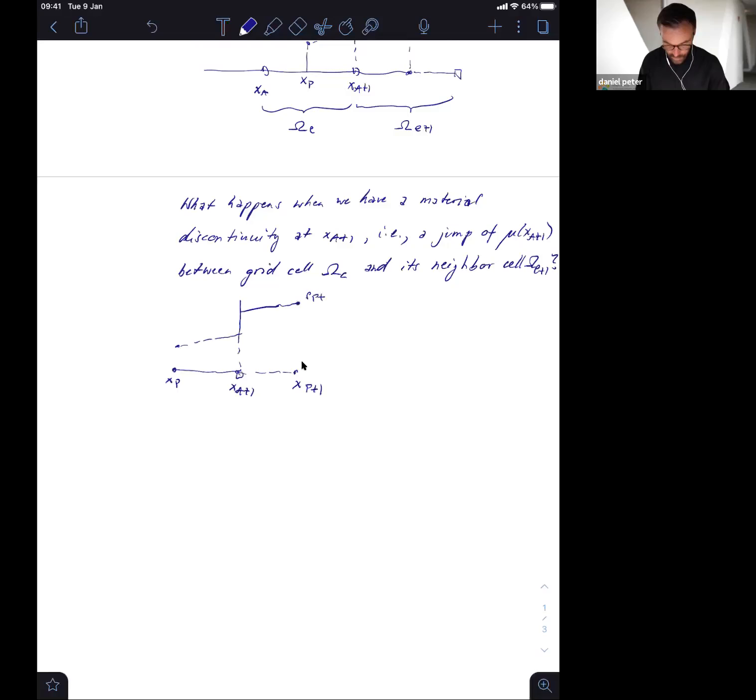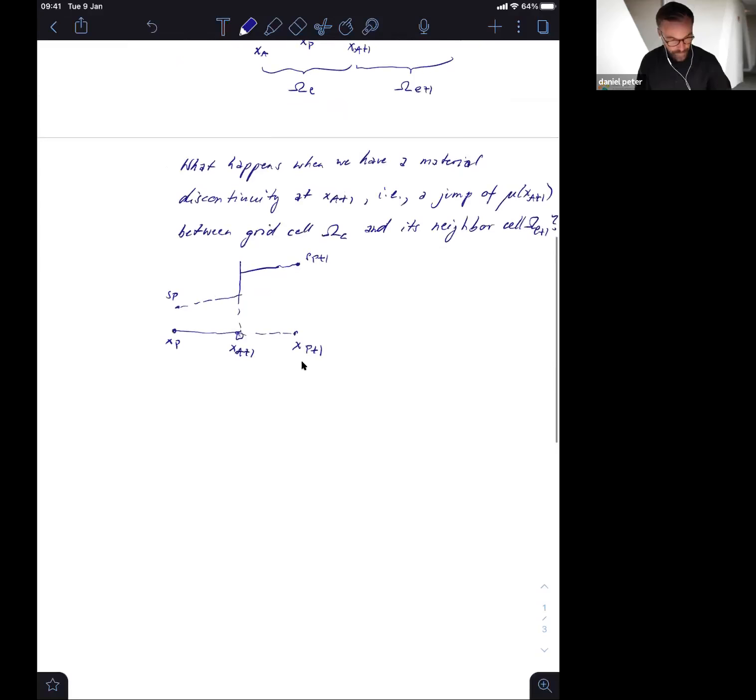So that will be sp plus 1, sp, and then we have the stress mu times, and mu comes here from the left side, times the derivative of s, and then a jump, and here we have mu from the right side times the derivative of s.